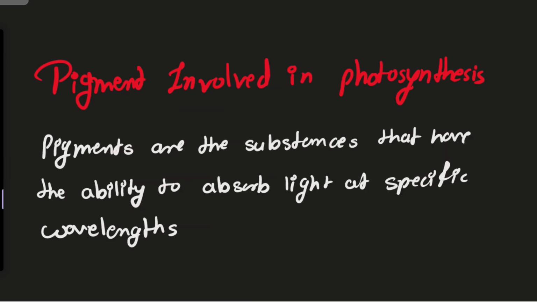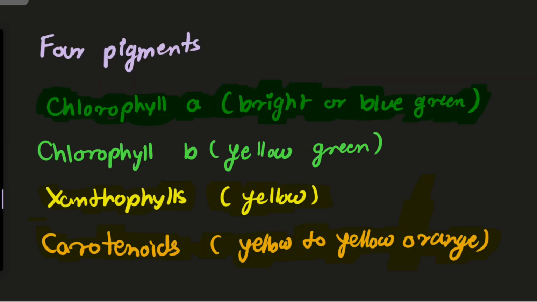Next, how many pigments are involved in photosynthesis? Pigments are substances that have the ability to absorb light at specific wavelengths. We have four pigments. First is chlorophyll A, which is bright or blue green colored. Chlorophyll B, which is yellow green.